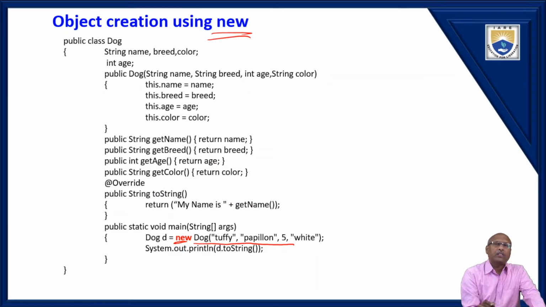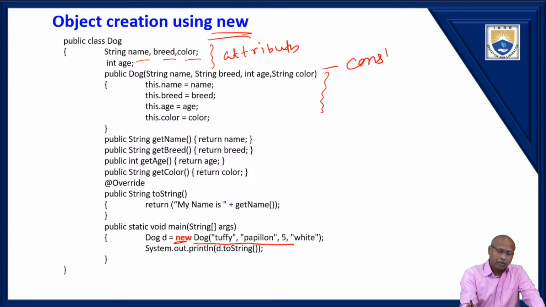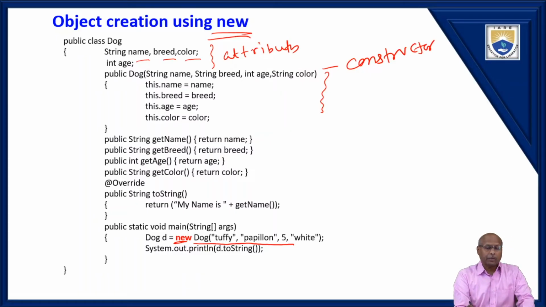Public class Dog. Dog is a class having name, breed, color, their string type, and age. That means my Dog class has 4 attributes. And this is my constructor. Using constructor I can initialize my object.